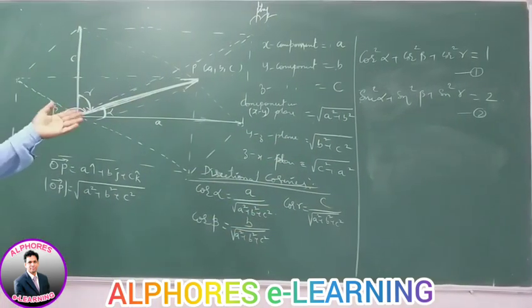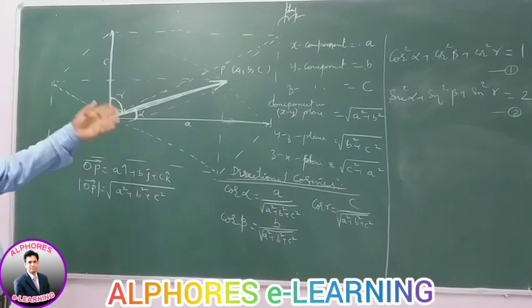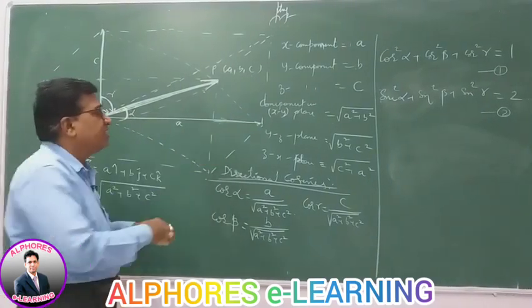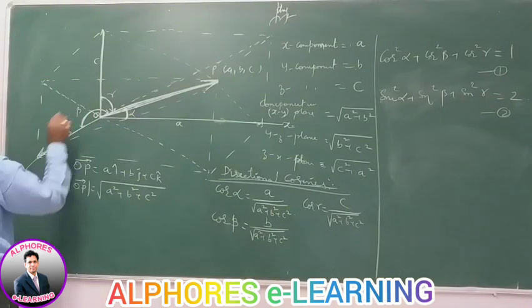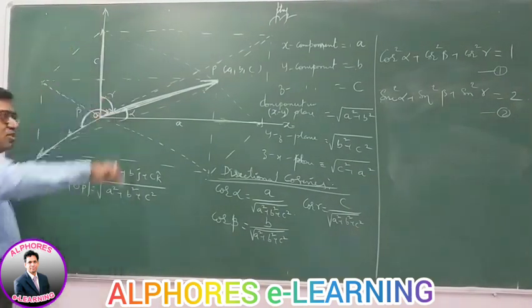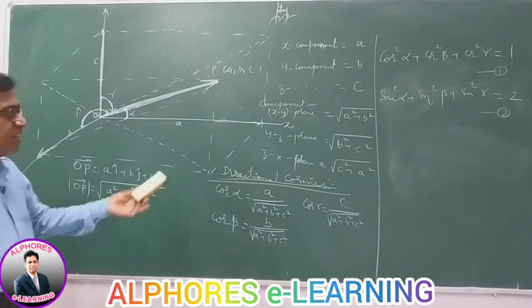So by the rectangular components of a vector in three different directions, the x direction, the y direction, and the z direction, you can find the position vector.